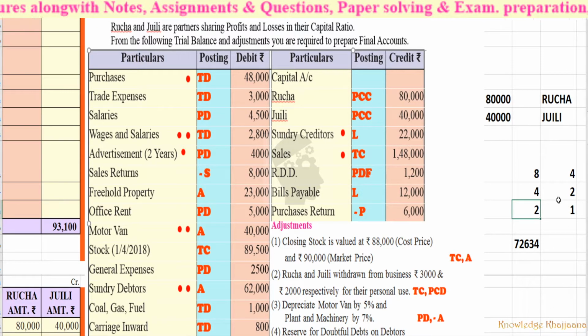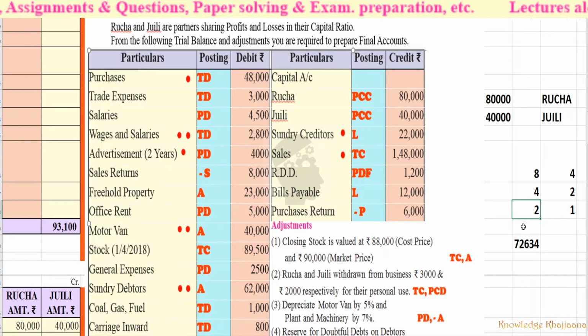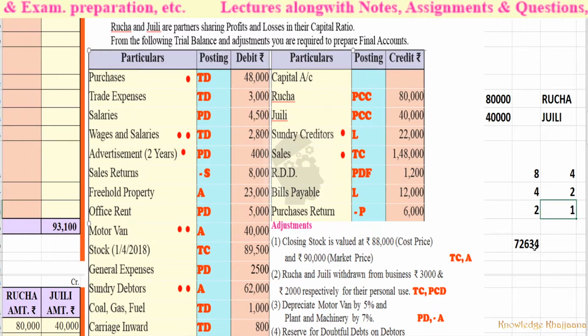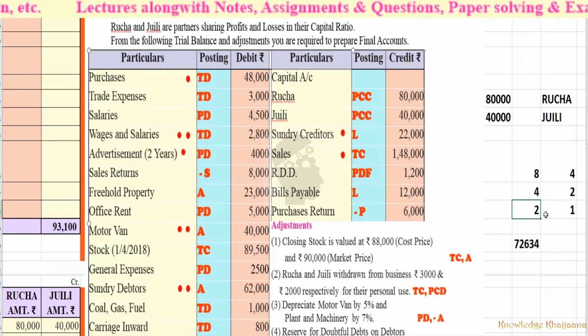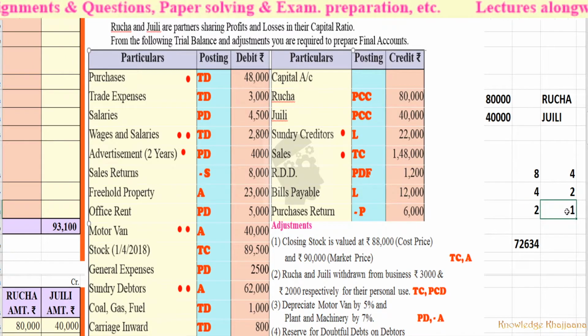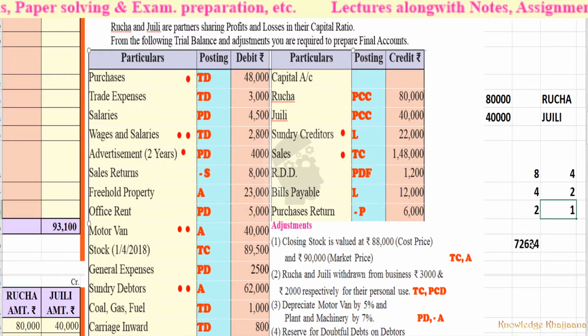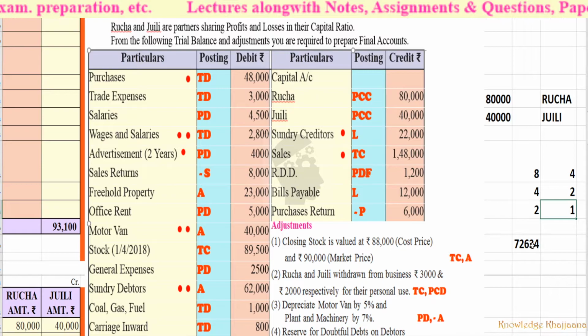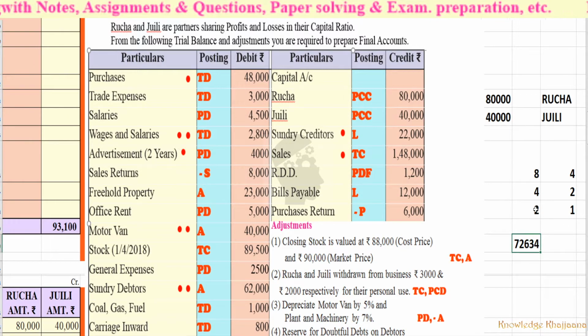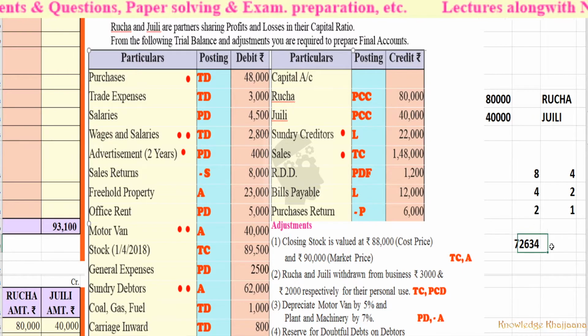There should be 3 parts done of that profit: 2 parts for Rucha and 1 part for Julie. So that profit should be distributed in 3 parts. Out of these 3 parts, 2 parts should be given to Rucha. So what should be done?